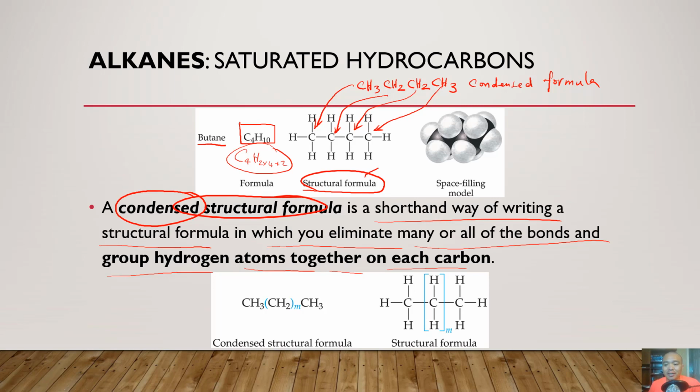Let's look at another example. For example, you have a compound that has, let's say, a structure like this. First we write the carbon skeleton, and then we fill the vacant positions around the carbons. So how many hydrogens do you have around each carbon? There's one key piece of information we should know.